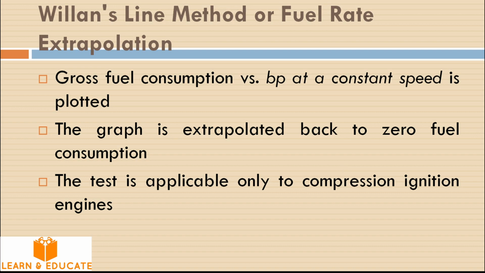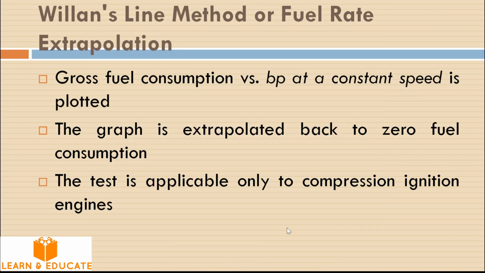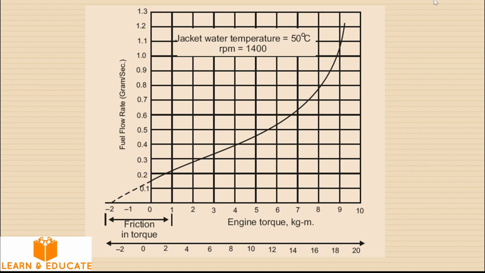In this method, we plot a graph with the y-axis at the center and the x-axis. The y-axis will be the fuel flow rate or gross fuel consumption, and the x-axis will be the engine torque, at a constant speed. Here you can have engine torque or brake power; any of these could be plotted on the x-axis.